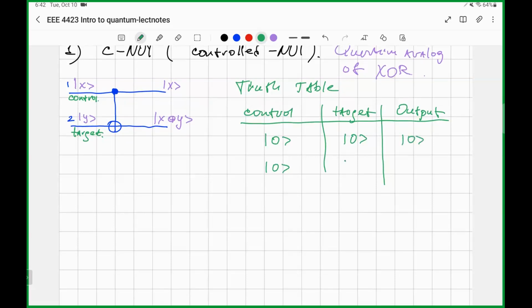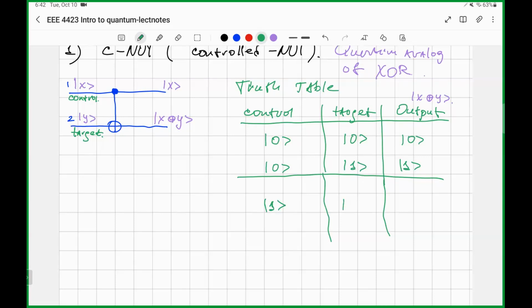If the target is 1, the output is 1. And by output, I mean this X circle plus Y. However, if the control qubit is 1, then the target is flipped.